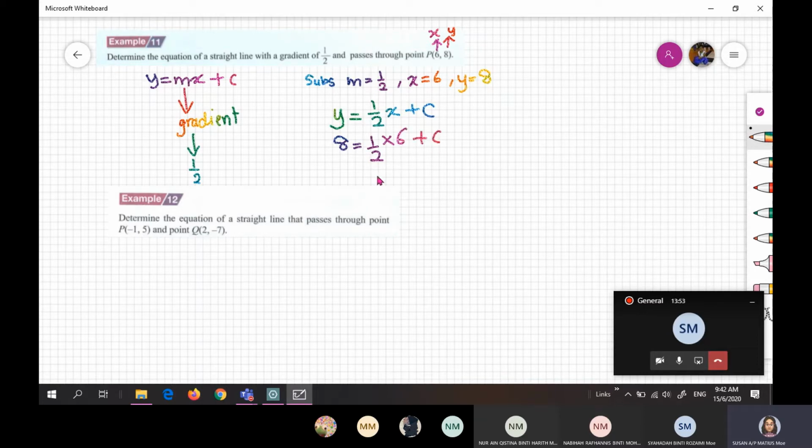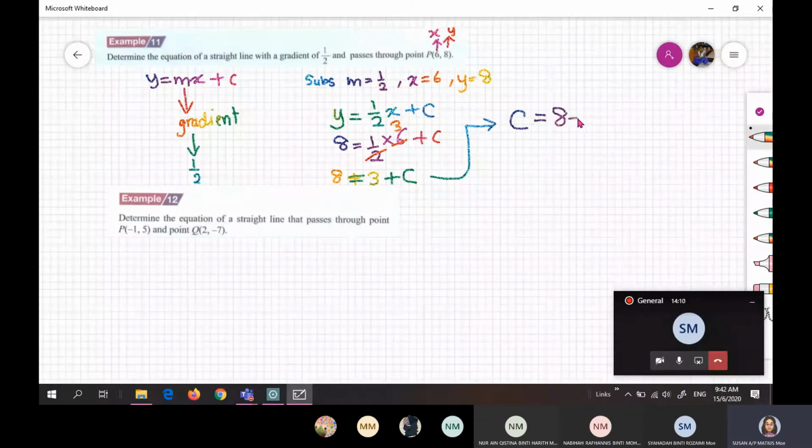Here you get 8 = 3 + c. The unknown here is c. What is the value of c? c = 8 - 3, which gives you 5.